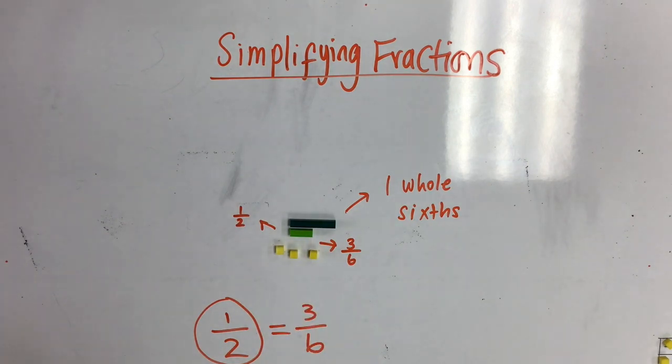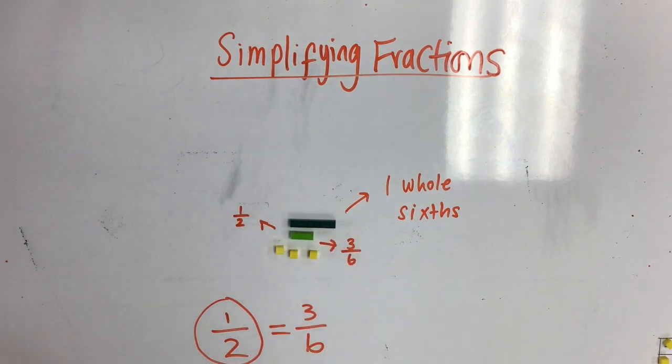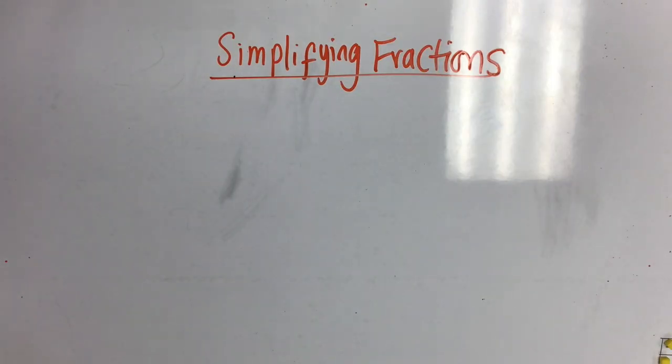When you simplify a fraction, you're trying to make it its largest possible part, which means that actually the 2 numbers involved have to be the smallest that they can be. Simplifying fractions is most useful when you've got a really big fraction that's really difficult to picture or understand.